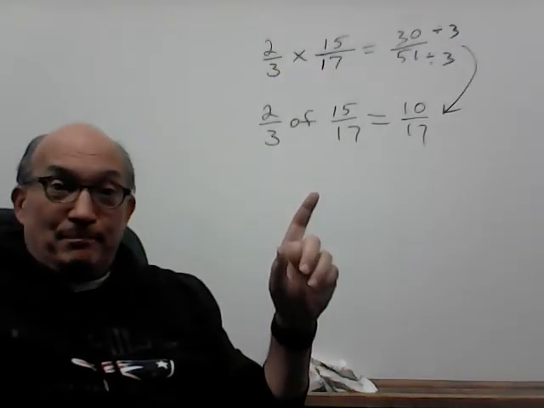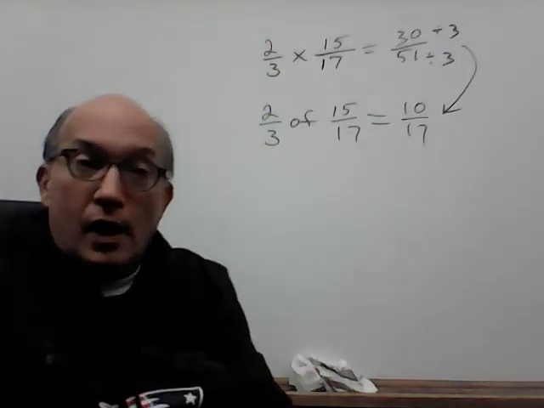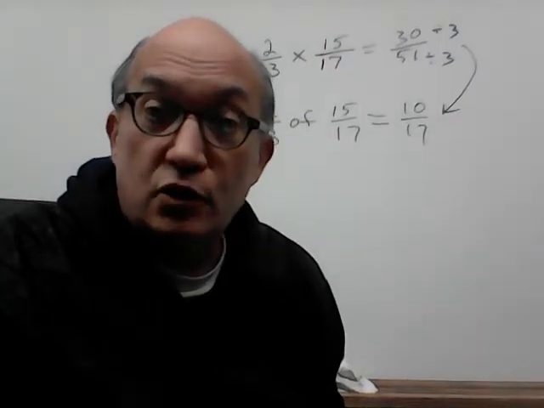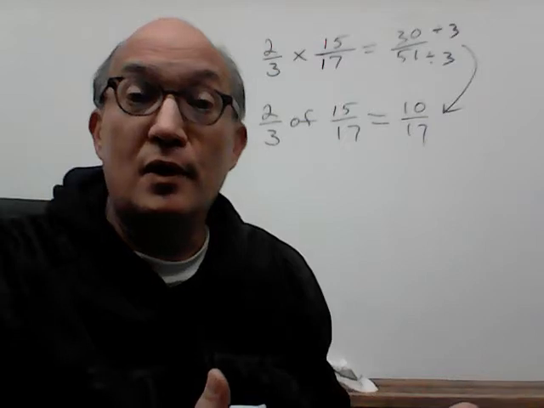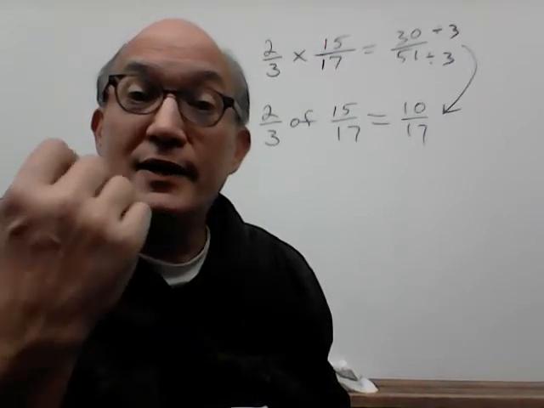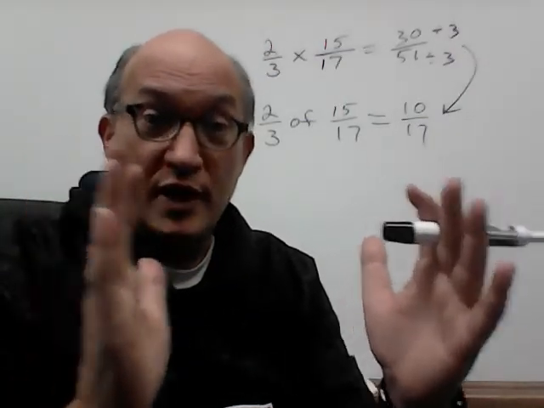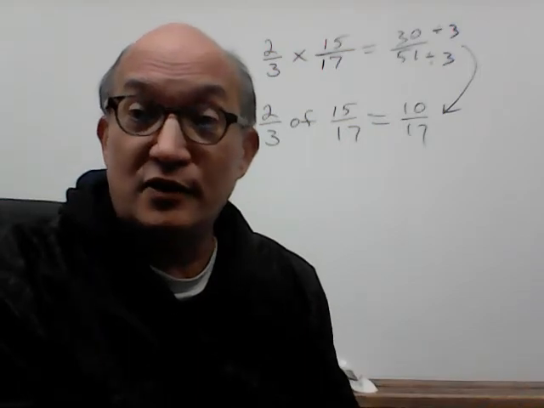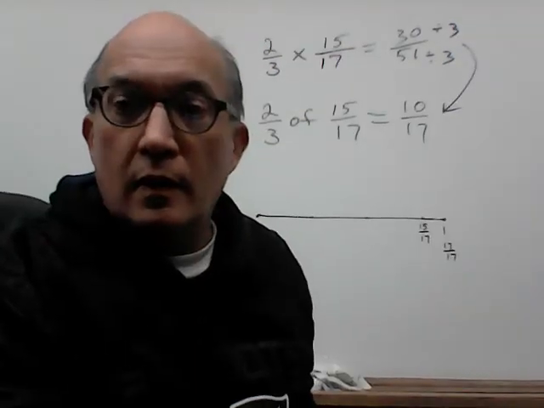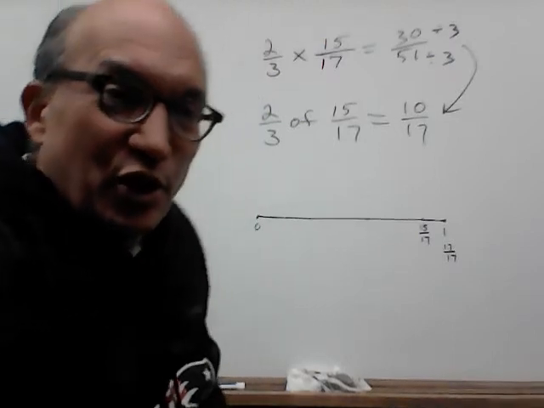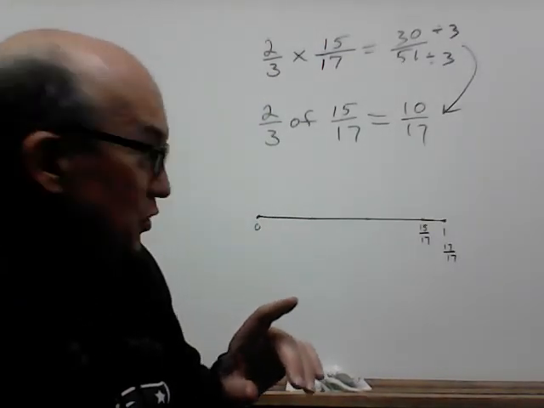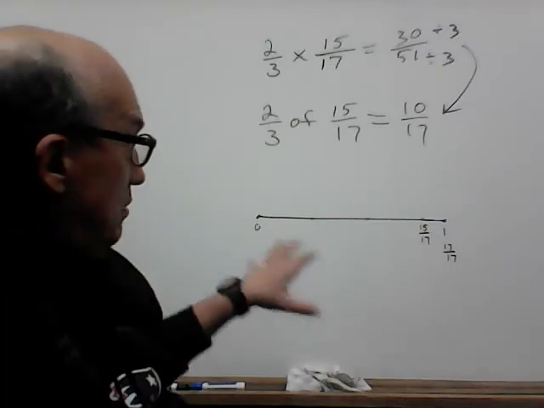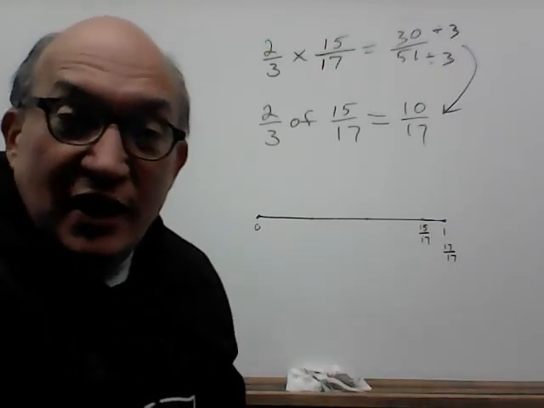Let's look at a number line. And just like any other case where we're finding 2/3 of a number, we're going to divide the number into 3 equally sized pieces and look at the second one. This number line should look pretty good for its purposes because I just used a yardstick and made a line segment that was 17 inches long.